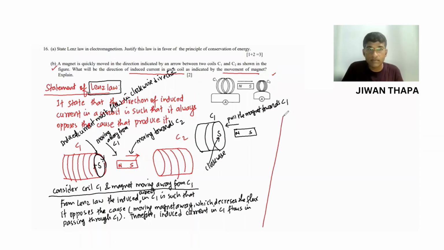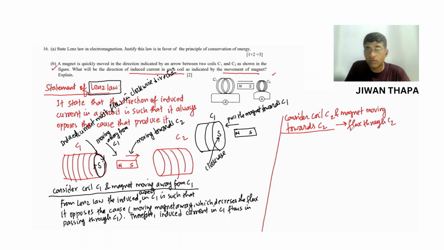Now next, consider coil C2 and a magnet moving towards C2. So what we find in this case is that the flux through C2 increases.